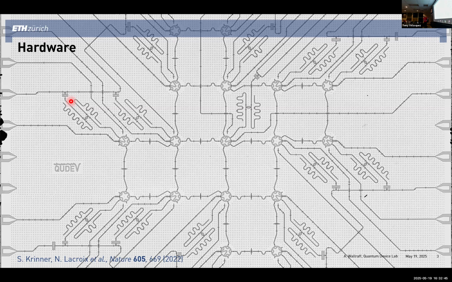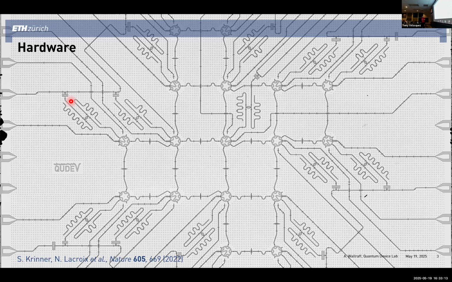If you look at the different colors, the light gray is the metallization on the chip. In this case, this is niobium as a superconducting metal. The darker gray is the substrate, which is silicon in this case.